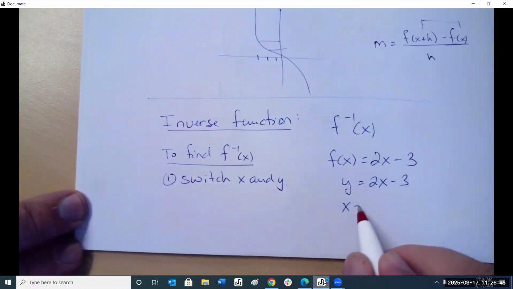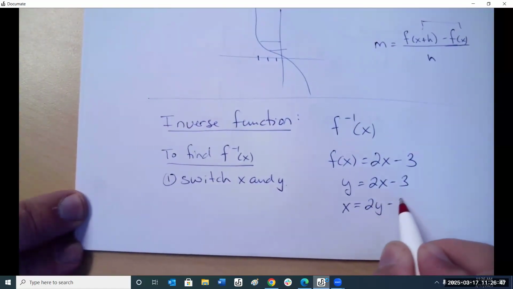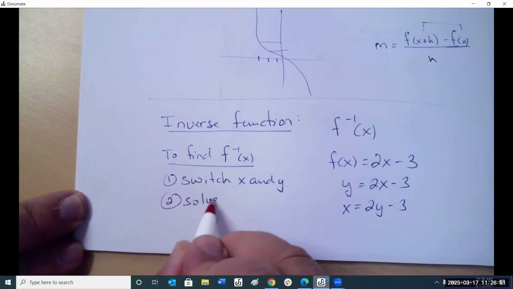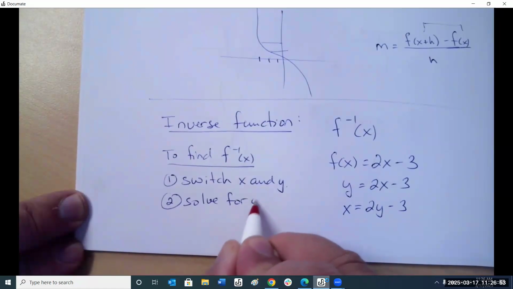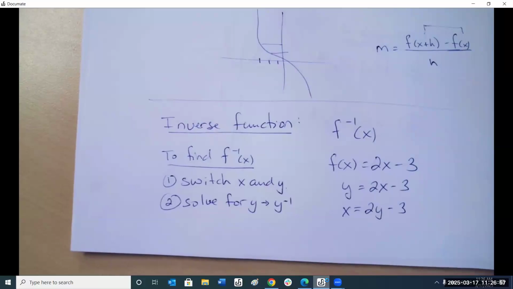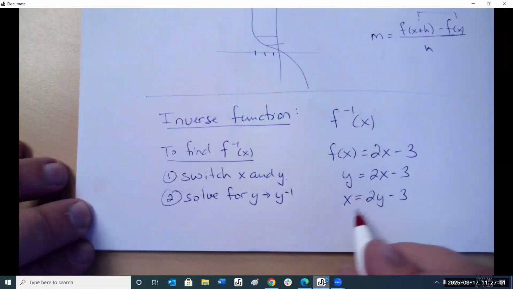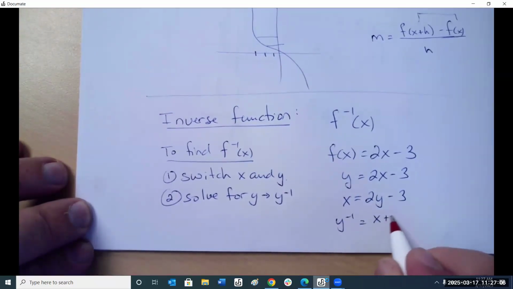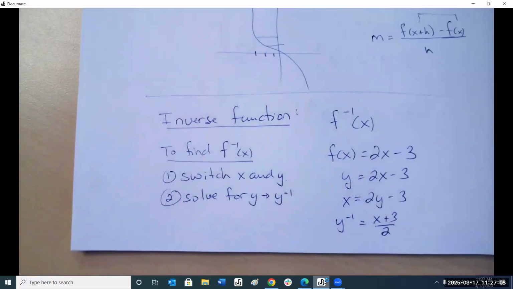First thing we do is switch x and y. Solve for y, which is your inverse. So my inverse function is (x plus 3)/2.